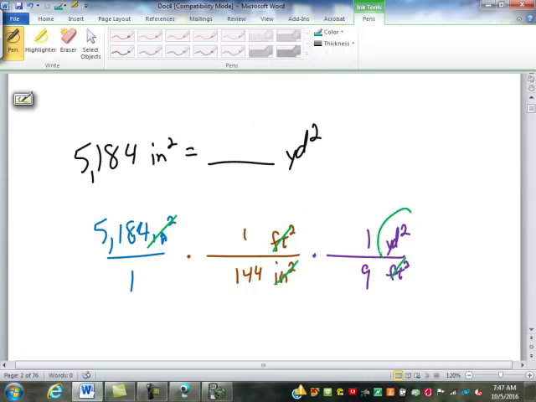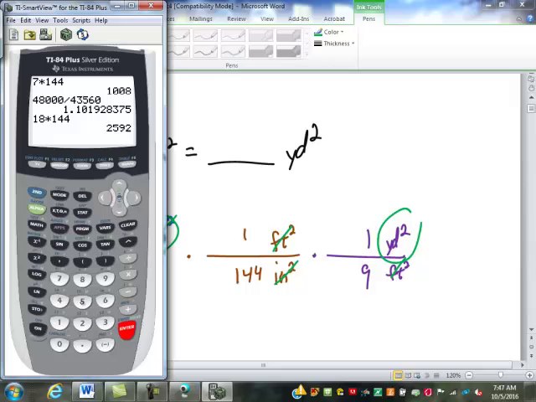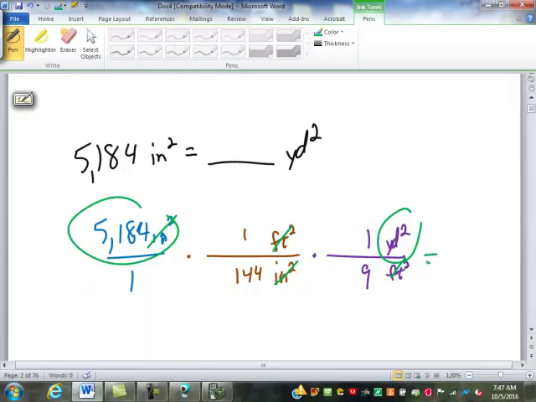Now I do have square yards. So on top, I've got the 5184 times 1 times 1. What am I going to do with the 144 and the 9? Divide by each other. So 5184 divided by 144, then divide by 9. I get 4. So it's 4 square yards.